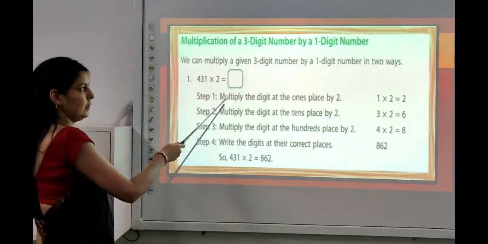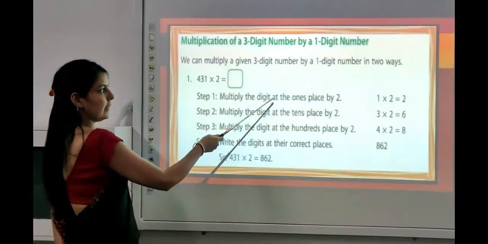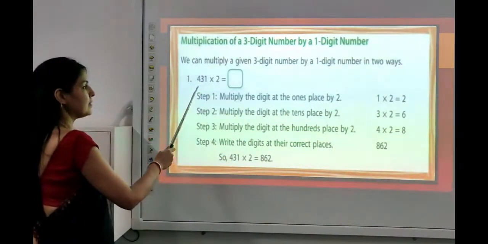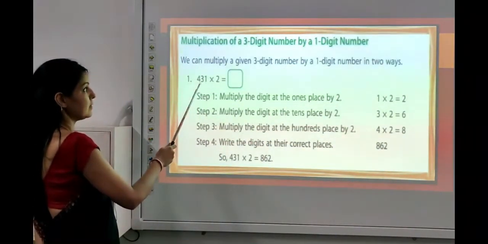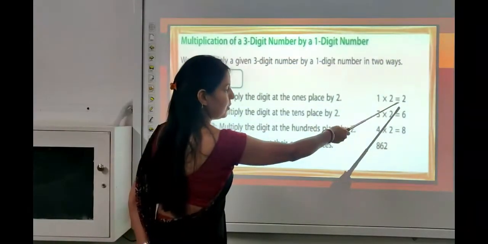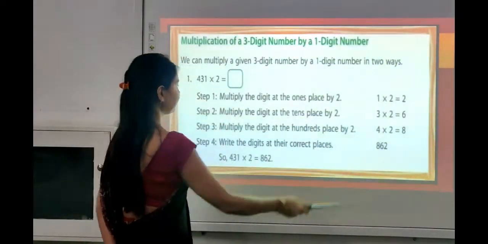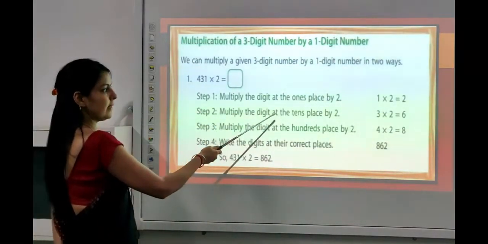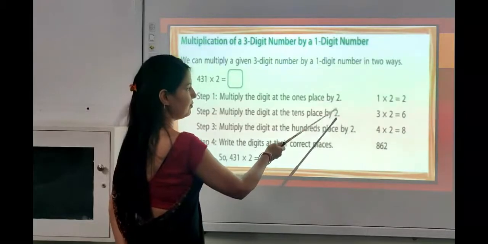Step 1. Multiply the digit at the ones place by 2. Here 1 is at ones place, so we are going to multiply 1 by 2. It will be 2. Step 2. Multiply the digit at the tens place by 2.